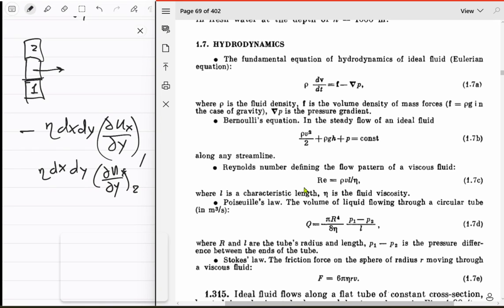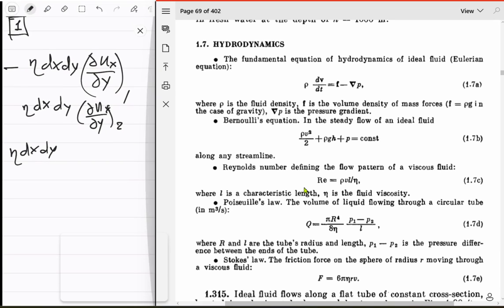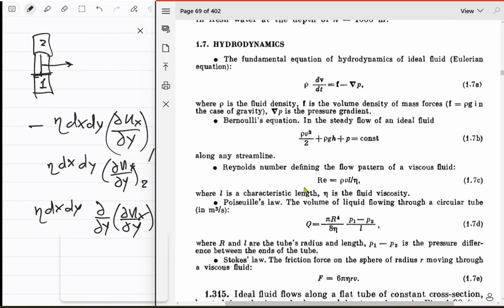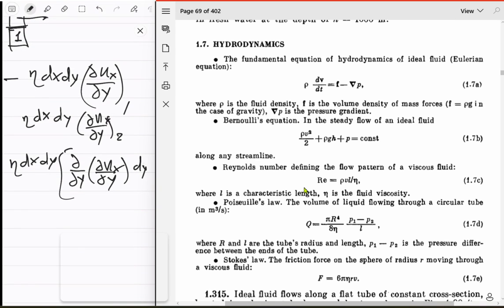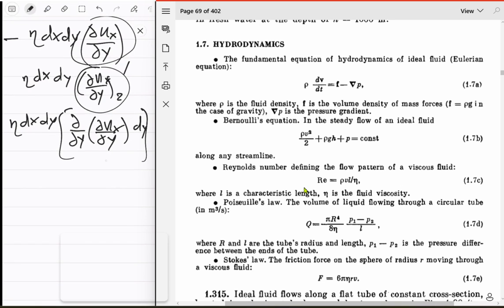So this will just be eta dx dy, and then partial upon partial y of partial ux upon partial y, that times dy, because this thing is dy, right? And this is what this thing minus that thing is, right?